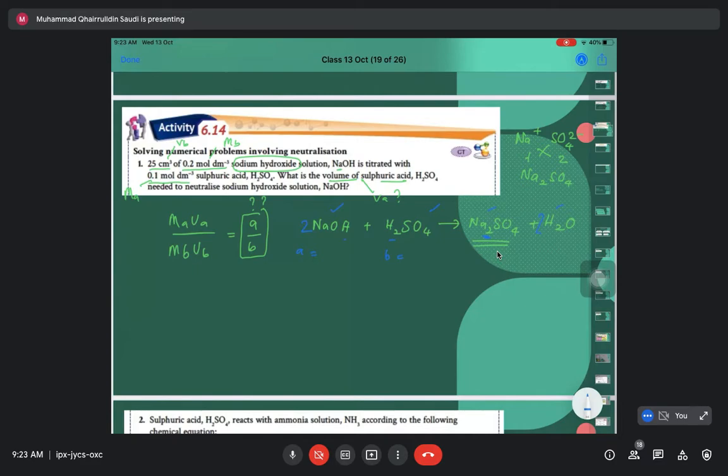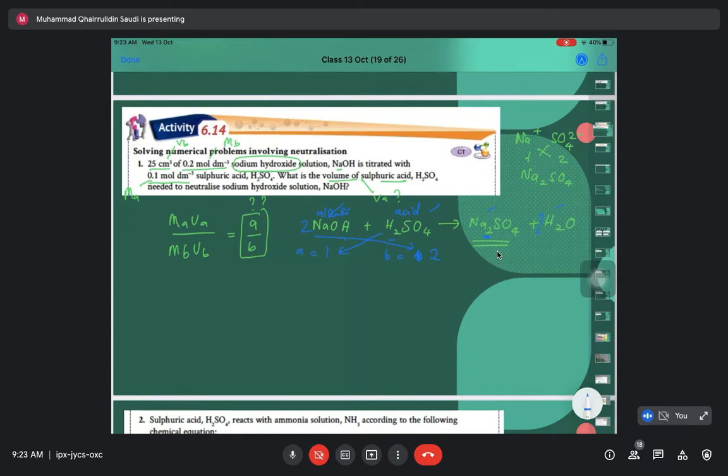A is 1, B is 2. Good. A is 1. B is 2, because this is acid and this is alkali. So alkali here B, acid is here A.